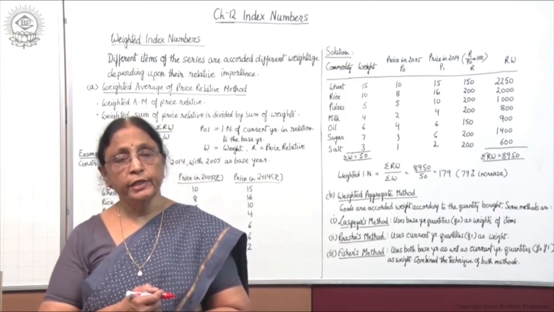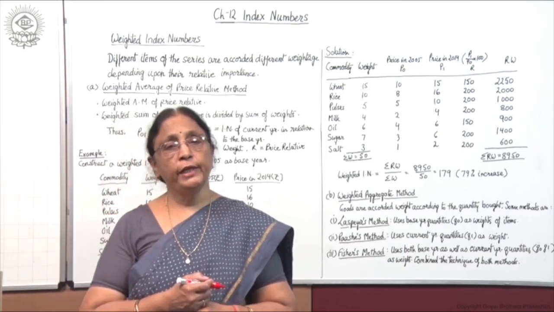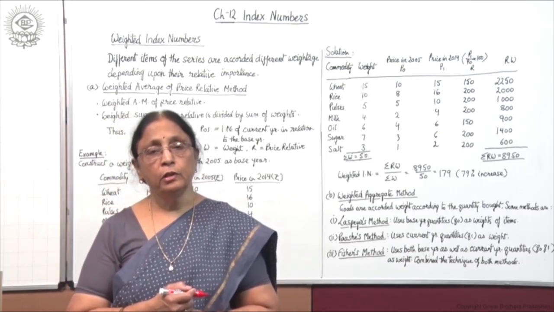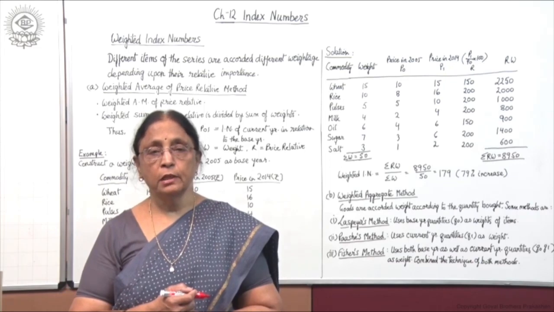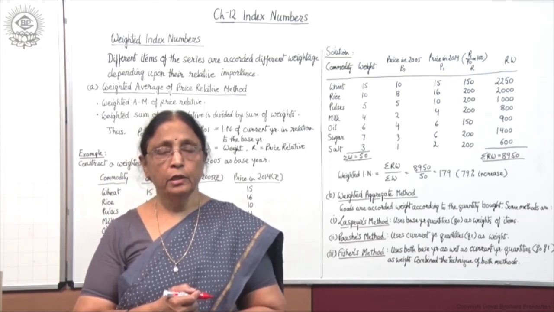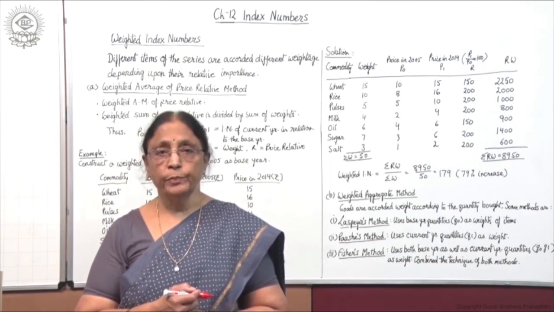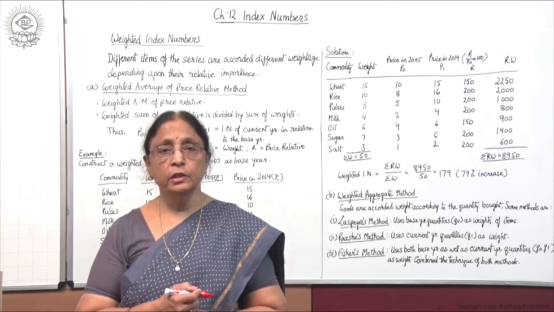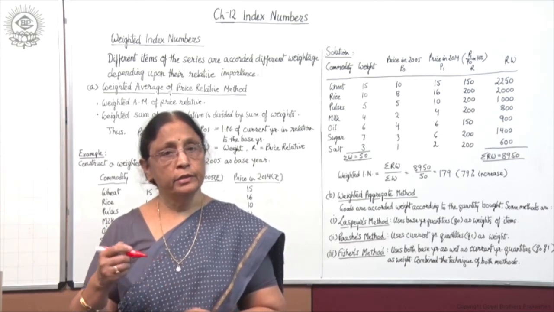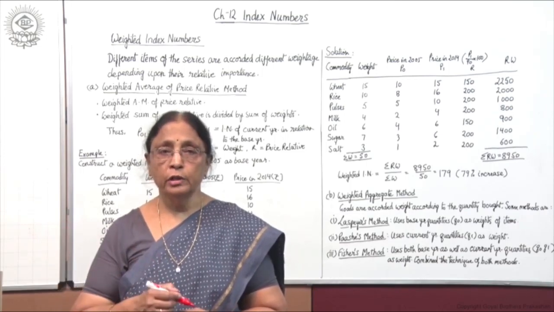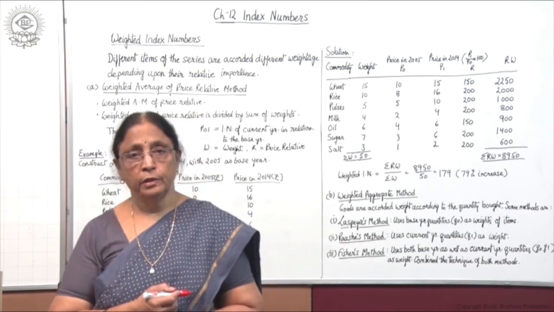So under the weighted index number, we calculate the value of money on the basis of weights assigned. Right? On the basis of weights given to the commodities, we judge whether the price level has increased or the index number is having an increasing trend or a decreasing trend. Right?